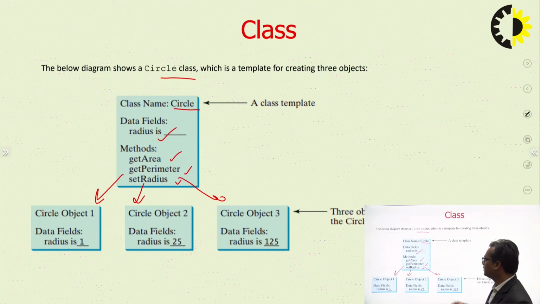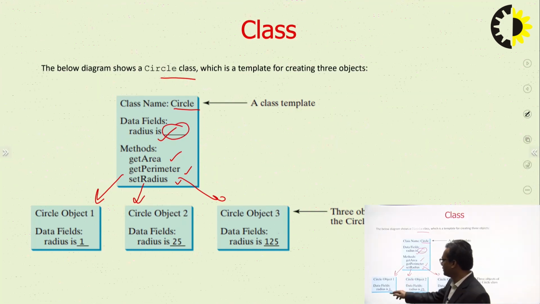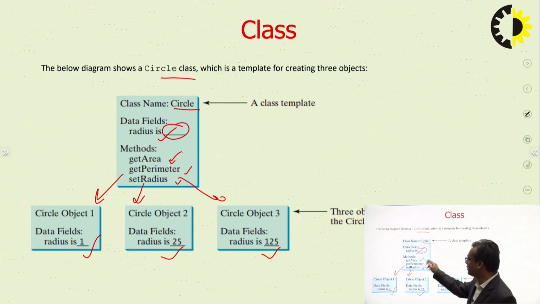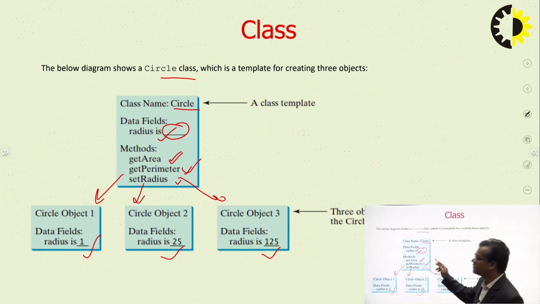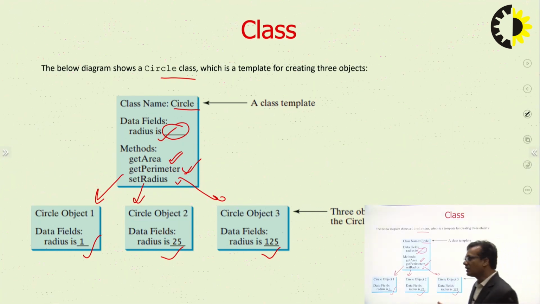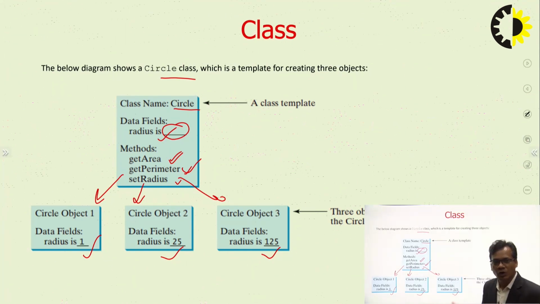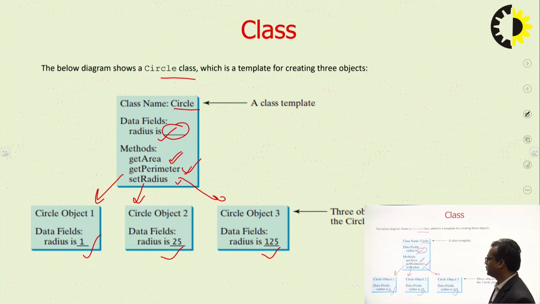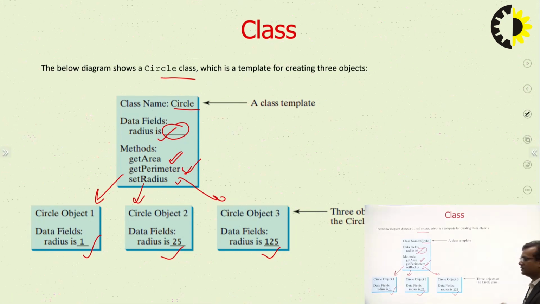We put the data field with radius 1, radius 25, radius 125. In this way, these three objects can contain different areas, perimeters and radii of the circle. So a single class can create more than one object with different values of their attributes and functionality. These objects are of the circle class.